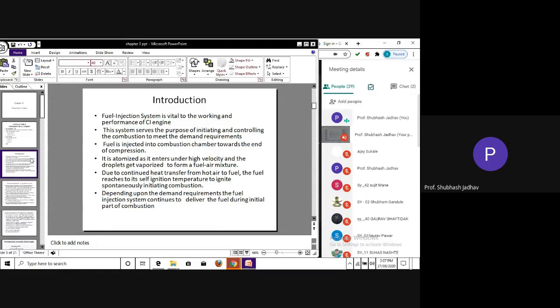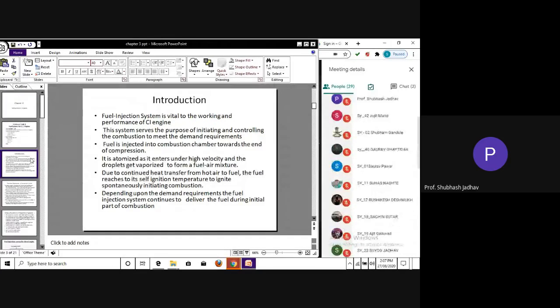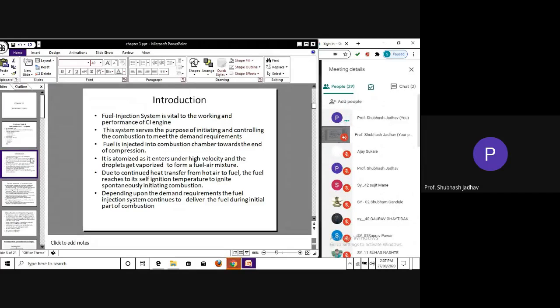So we have a basic carburetor, and attached to that we have so many subsystems which work together, and the whole system becomes so complex that it becomes very difficult to service or go for maintenance. And moreover, the cost of the system also increases, because it is a complex system, with a small component with a number of holes here and there and so many subsystems attached to it.